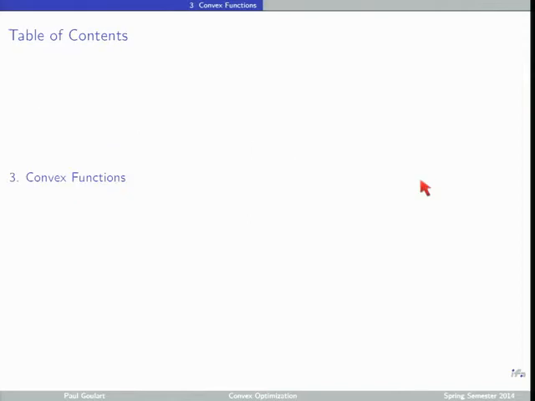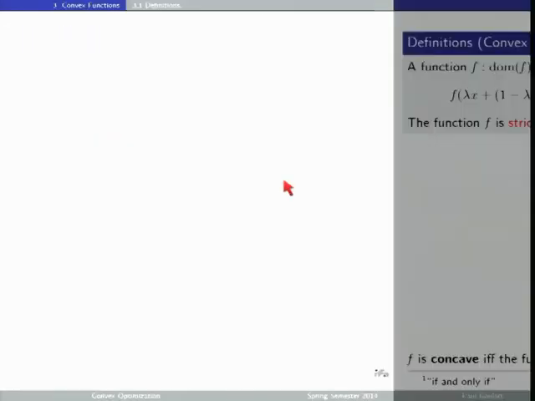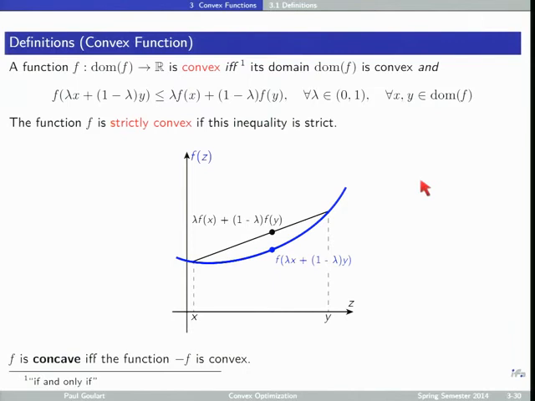Okay, now we could talk also about convex functions. So a convex function is one where you take any 2 points, so you have some function, which is the blue guy here. And you take any 2 points, x and y, any 2 arguments to the function, you evaluate the function at those 2 points. So you get f(x) and f(y). And then you just draw a straight line between those 2 values. So that would be these values up here.